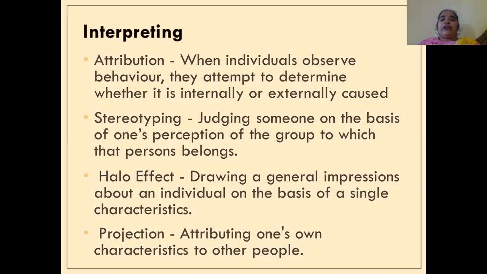Next, stereotyping. You must have heard this word. Stereotyping means judging someone based on one's perception of the group to which they belong. So we try to generalize. Say, for example, in the corporate world, or even at home, there is constant gender stereotyping.